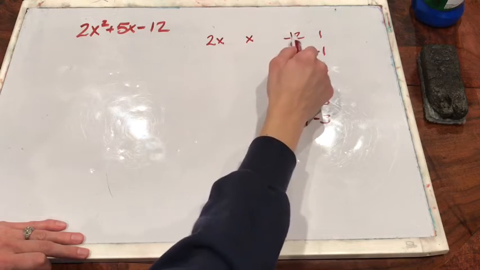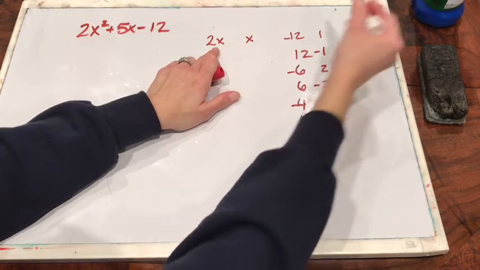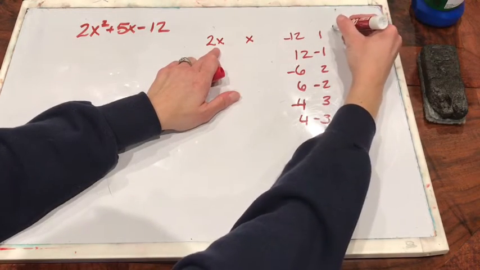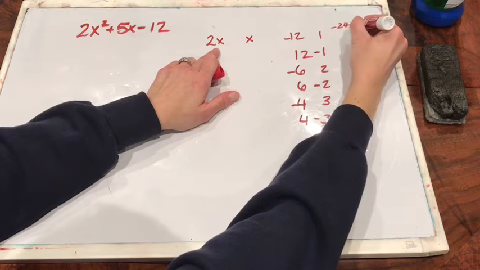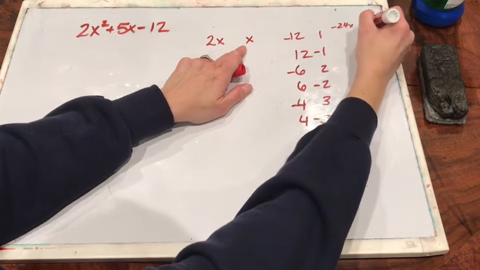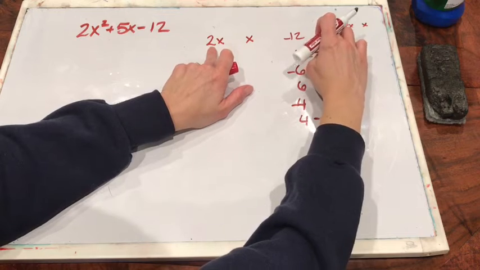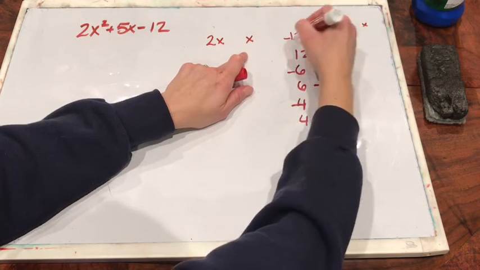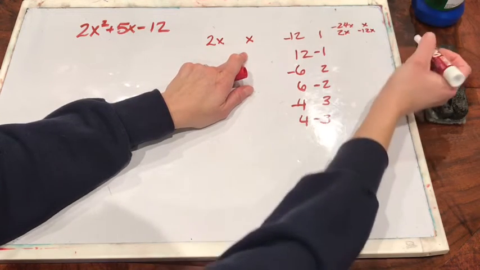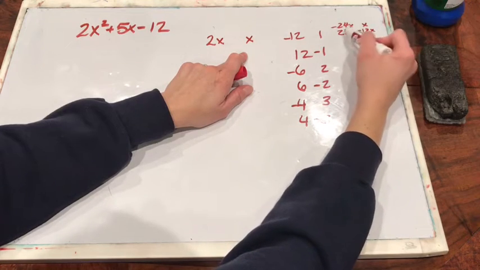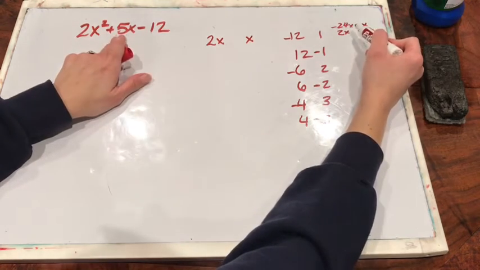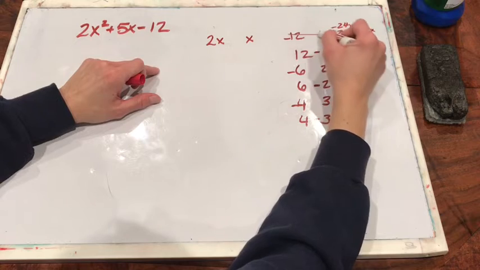So if we do it with the 2x and the -12, we would have -24x, and then the 1 and the x would be x. If we did it the other way, we'd have a +2x and a -12x. So then you're adding these together, and I can see that neither of these are going to be close to 5, so I know that this way didn't work.